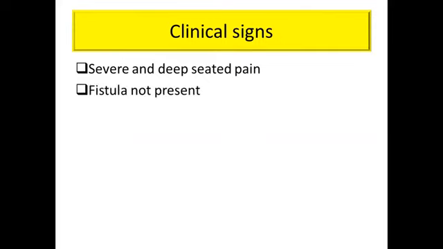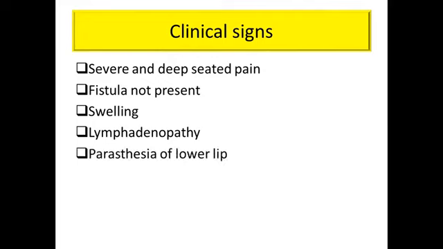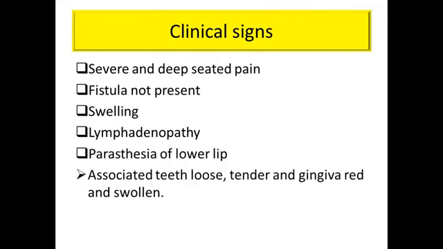This is an important point to differentiate between acute and chronic suppurative osteomyelitis. Swelling, lymphadenopathy, paresthesia of lower lip, associated teeth loose, tender, and the gingiva appear red and swollen.